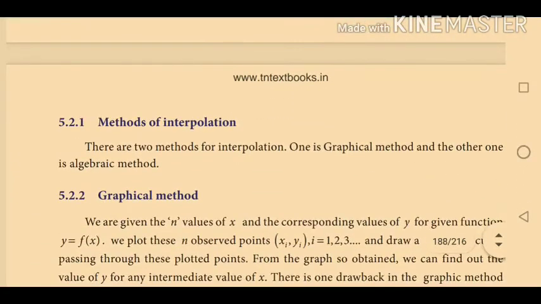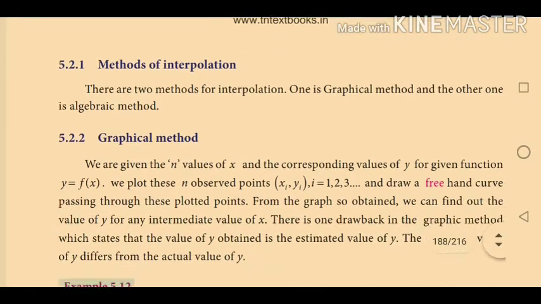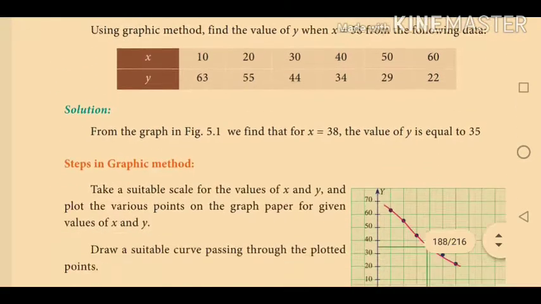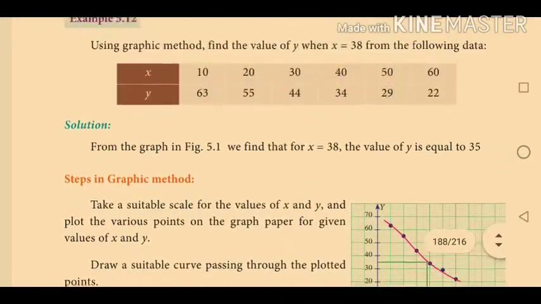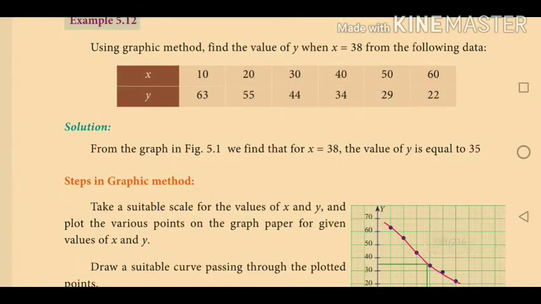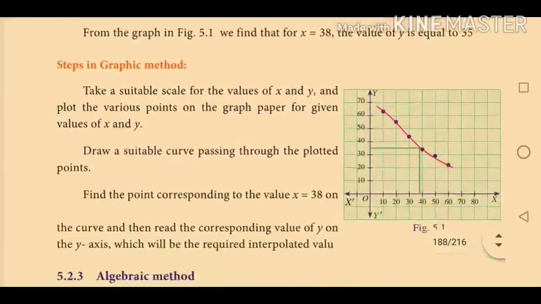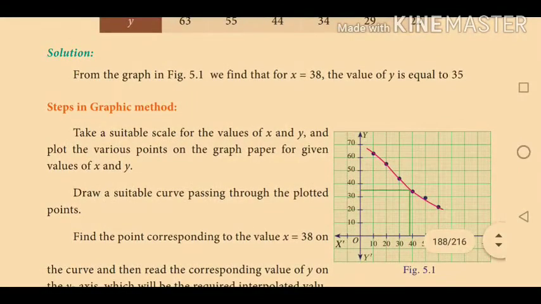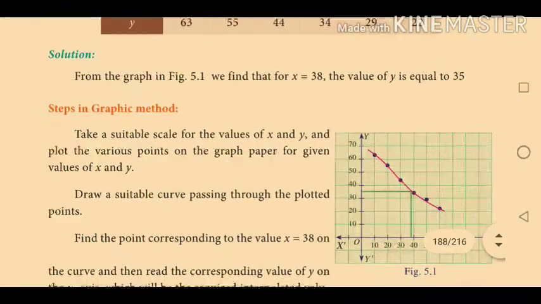There are two methods of interpolation. One is the graphical method and another is the algebraic method. The graphical method is very easy: draw the graph like this and plot points, for example 10, 63 and 20, 55. Likewise you allocate the points, and afterwards you get one curve.